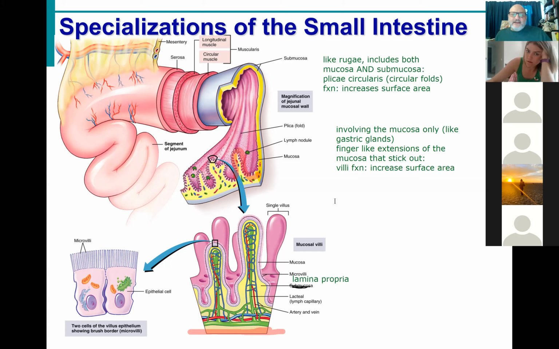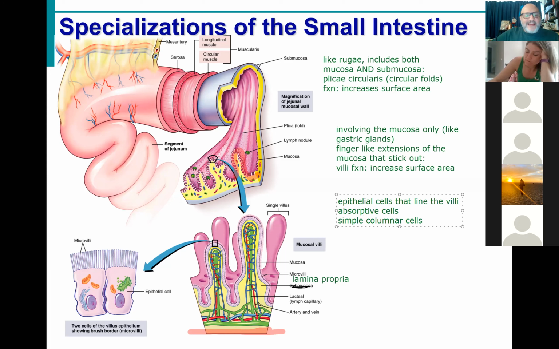And lastly, look at the epithelial cells that line the villi. These epithelial cells are known as absorptive cells. They are, of course, simple columnar, because again, all of the small intestine is lined by simple columnar cells.